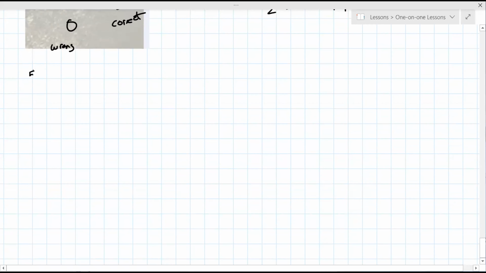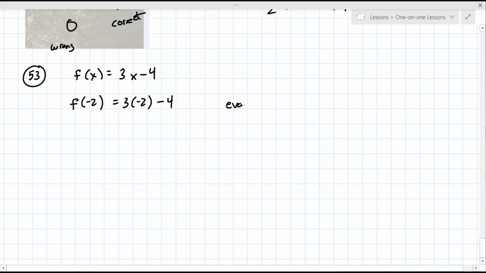So 53, I'm going to start it differently. It says f of x equals 3x minus 4. They're saying put in -2. So what you're doing here is you're evaluating for x equals -2. In other words, you're putting that value of x into the function.